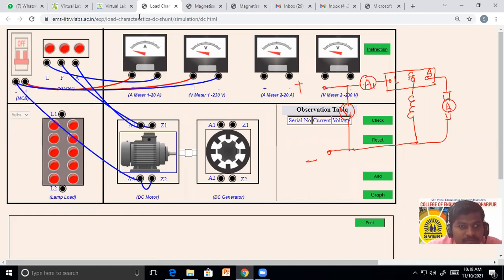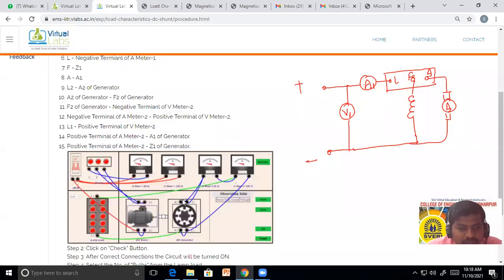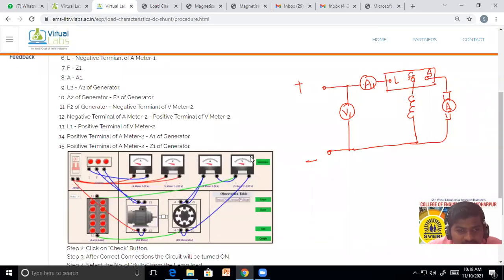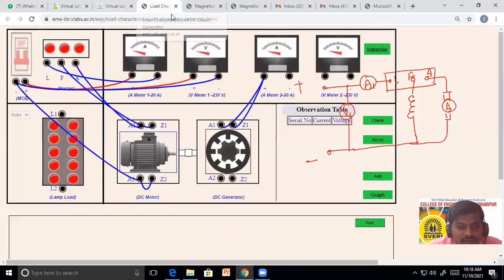Now, A1 and V1, here it is the ammeter, similarly here it is Z1. Next, these two are common.